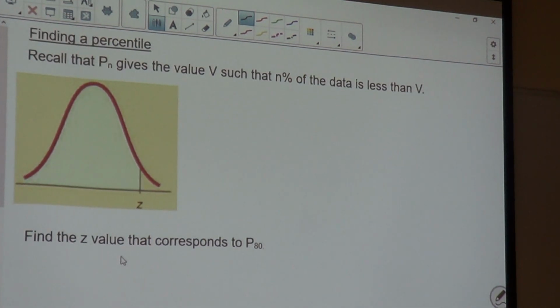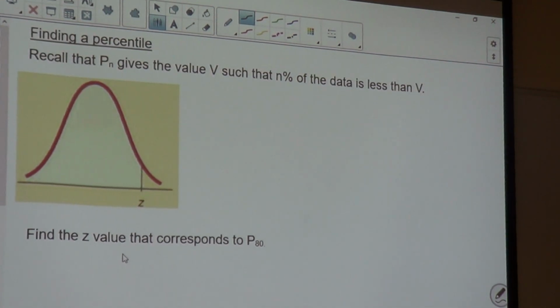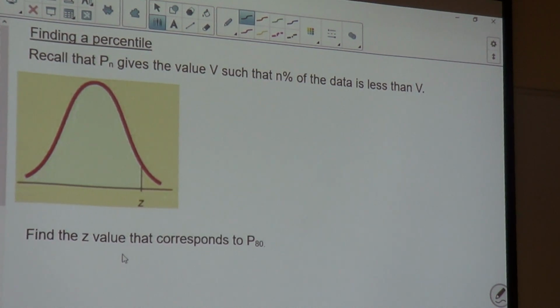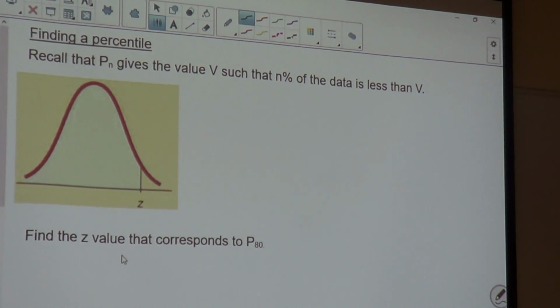Okay. P of 80. What do you think P of 80 means? This means the 80th percentile.